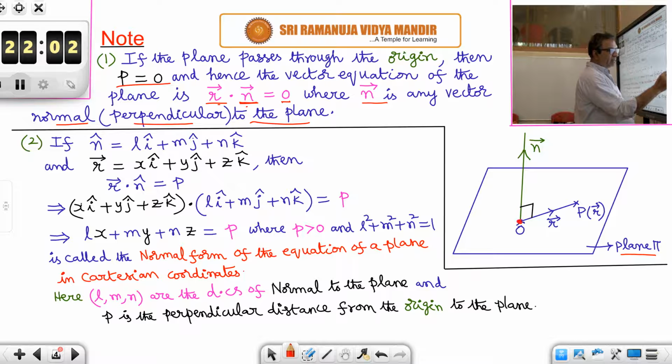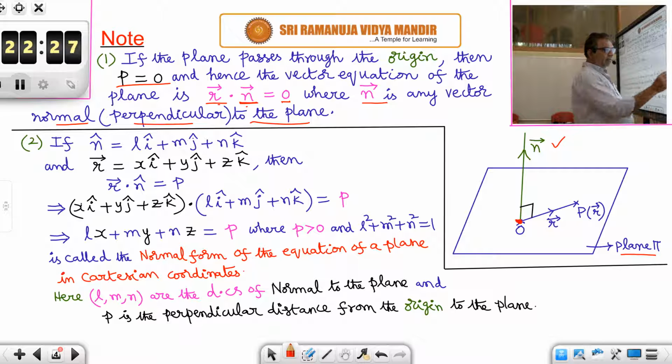Origin is in the plane. What is this green color vector? It is a vector perpendicular to the plane, n bar. I am not calling it n cap, but n bar. So magnitude need not be 1, it can be any magnitude, but its direction is perpendicular to the plane. N bar is a vector perpendicular to the plane in green color.